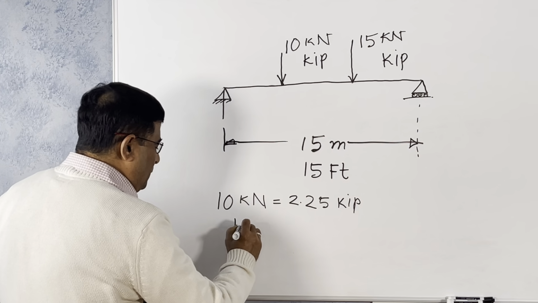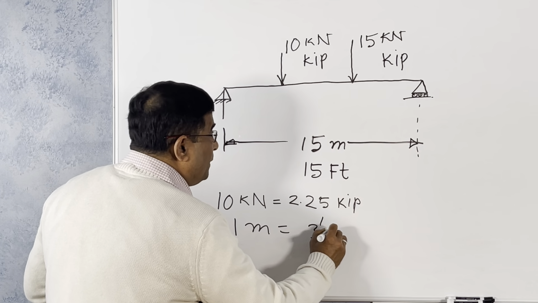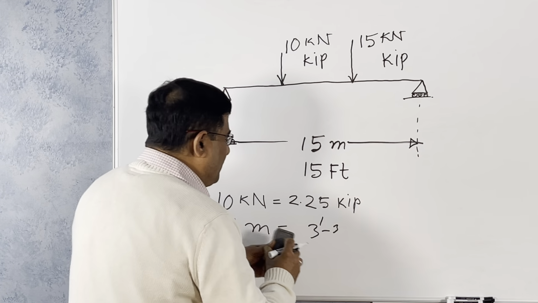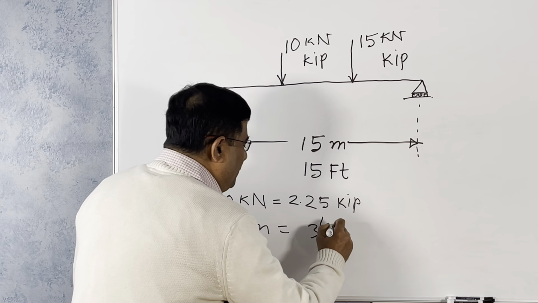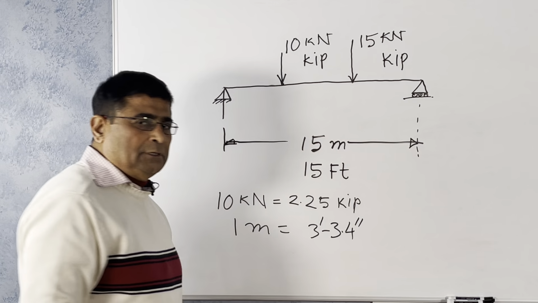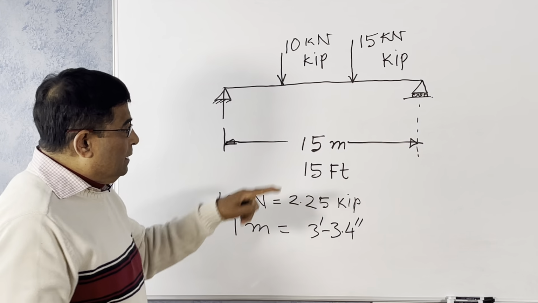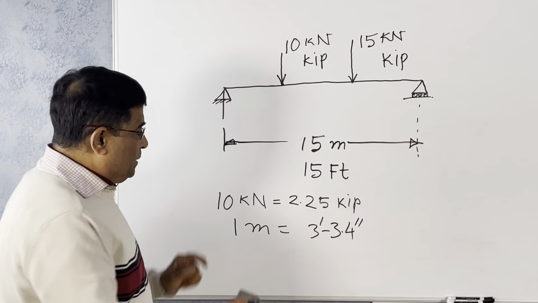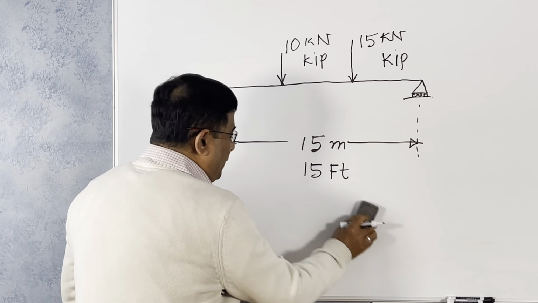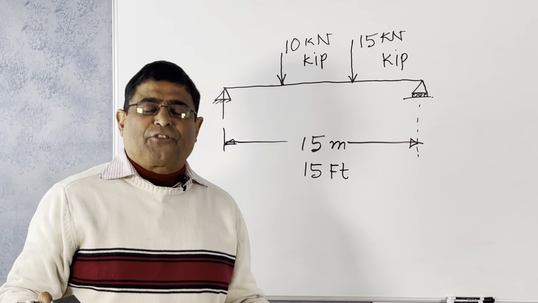And 1 meter equals 3 feet 3.4 inch. So they are not the same, but I'm using the same numbers with different units because my calculation will be the same, only the units will be different.